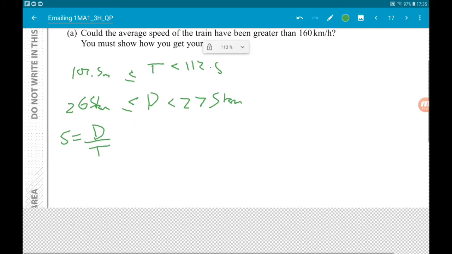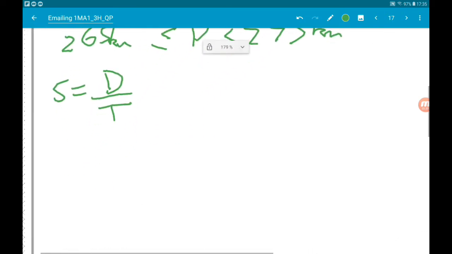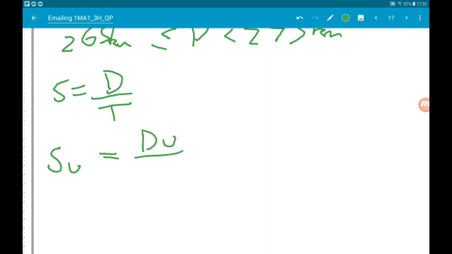So the upper bound, which we'll call S U, well, it's the longest distance in the shortest time, so T lower.